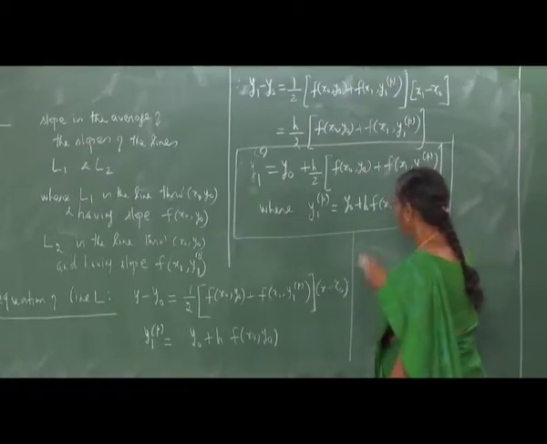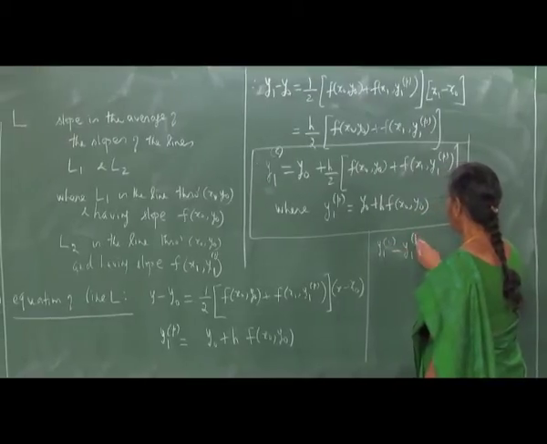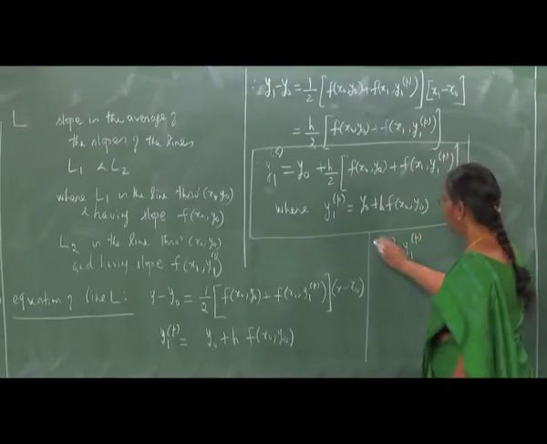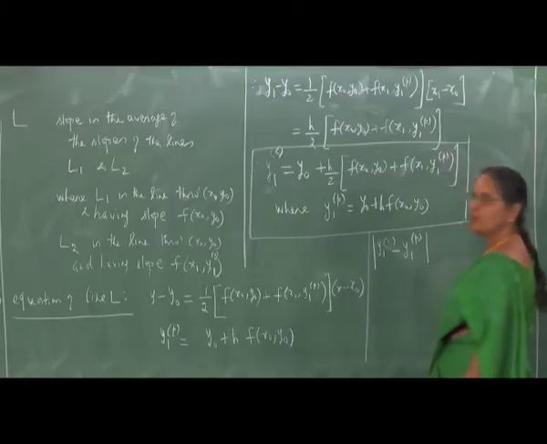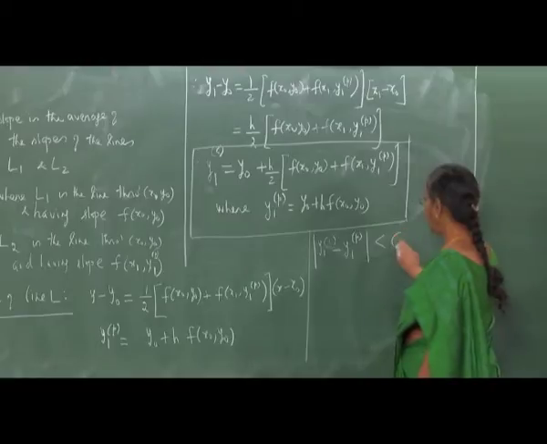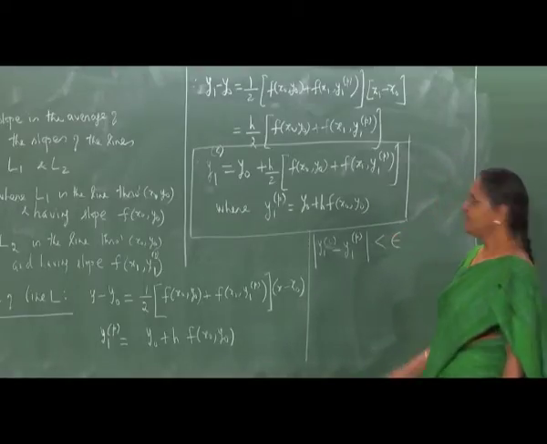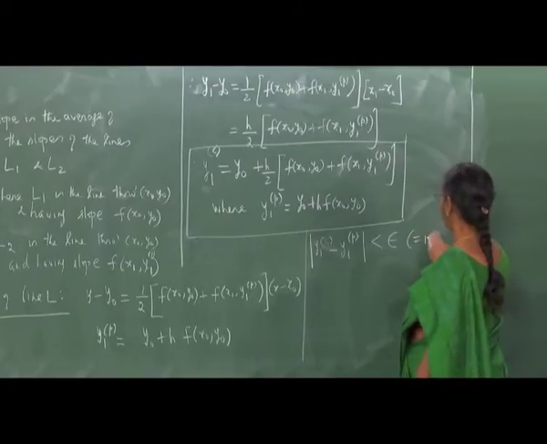You would like to check whether your corrected value and predicted value are such that the absolute value of the difference between the two is less than the prescribed accuracy, say something like 10 to the minus 3.